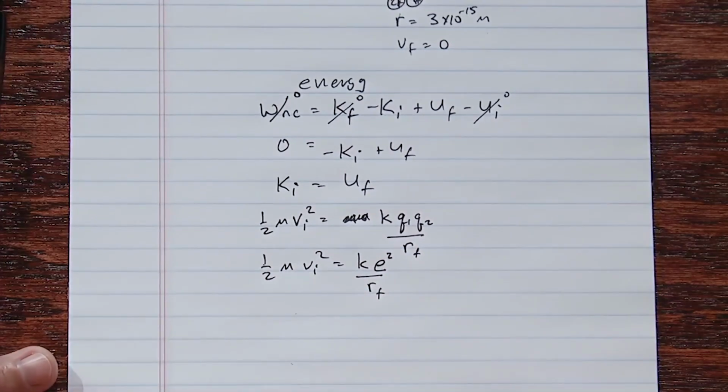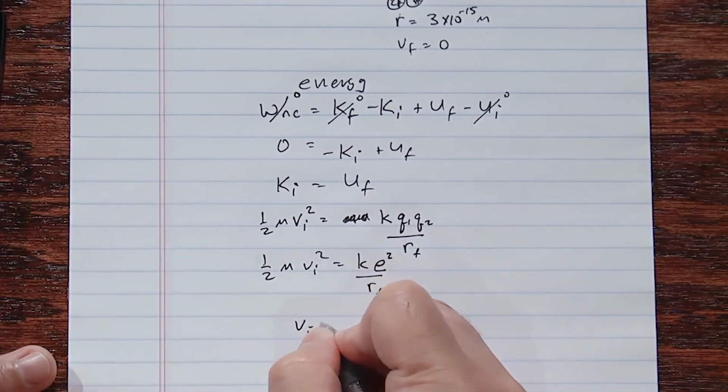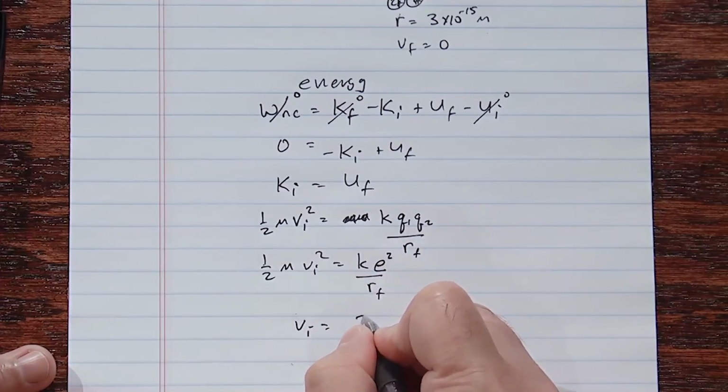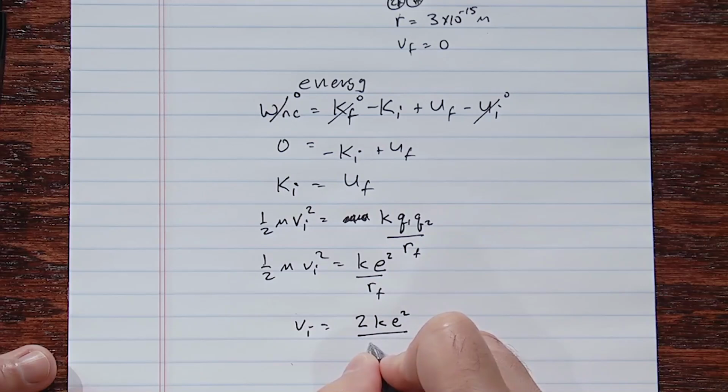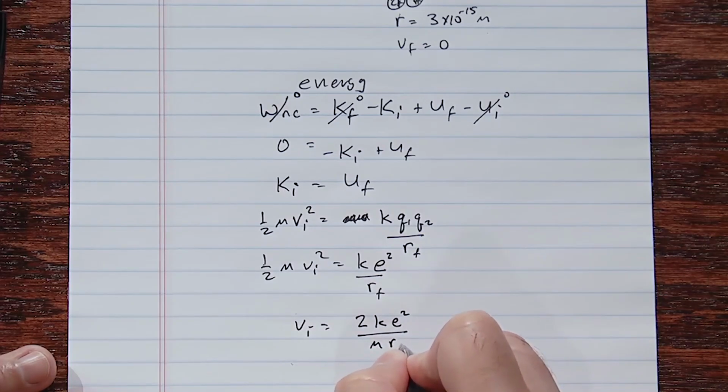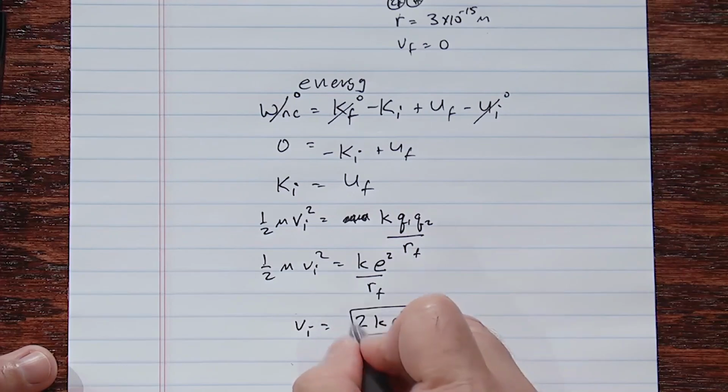We can solve this for V initial. So V initial would be 2K E squared over M R final, and then take the square root.